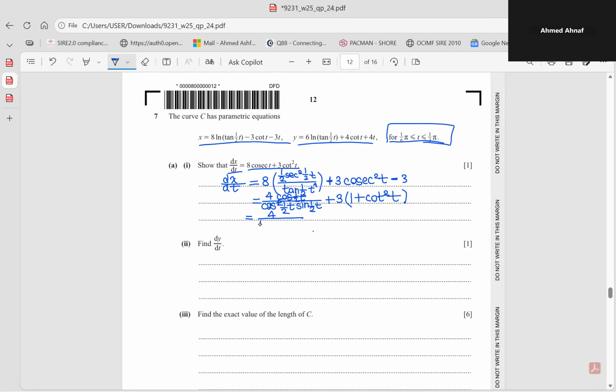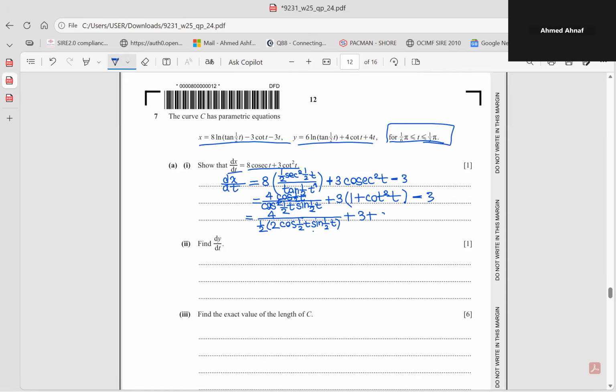So 4 over half, 2 cos half t sine half t. Oh wait, sorry, I forgot to include the 3.